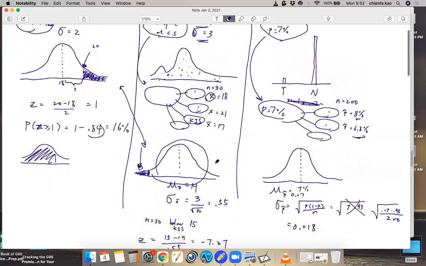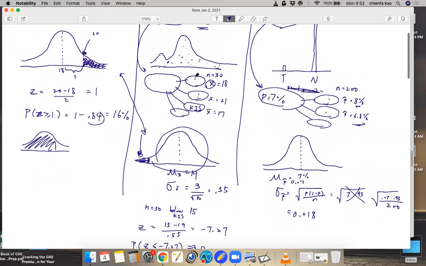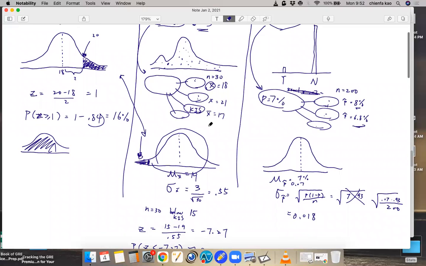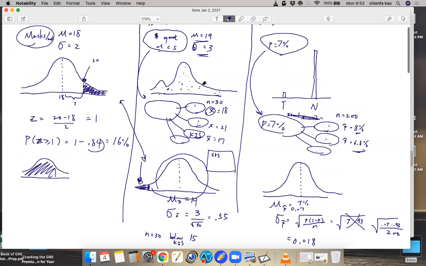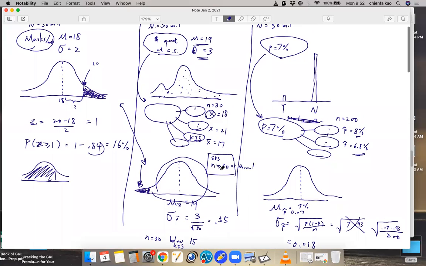So now really quickly, let's talk about the conditions and then we'll be done. The conditions of these is that you have to randomly pick, SRS. That's given. And then the second one is, for the averages, the sample size that you pick has to be greater than or equal to 30, or the original distribution is already normal. We know that this one is not normal, so we use this one instead.